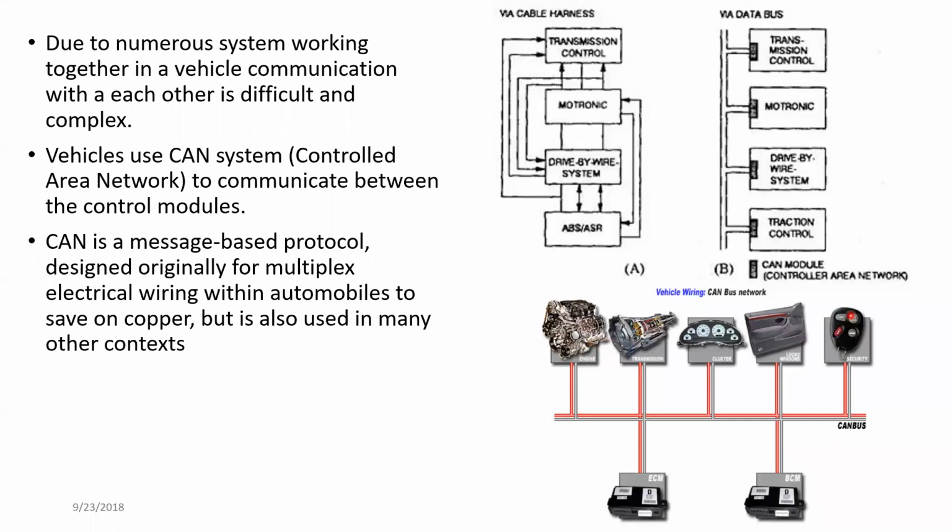The second one shows a data bus, where data is sent to all the modules, but only the relevant module takes the corrective action when the signal comes in. So the second one is the CAN network.